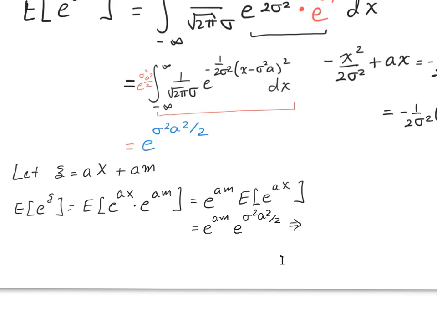So if you combine these two, you end up with e to the m plus sigma squared a squared over 2. Again, this result is going to be very, very useful in the coming chapters.